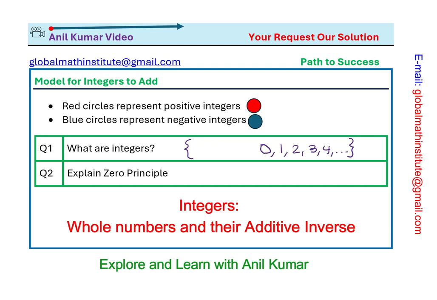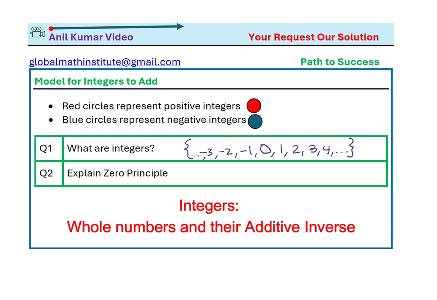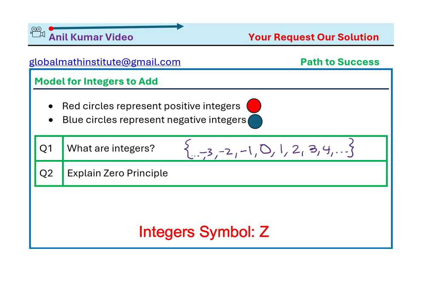Including 0 gave us whole numbers, and now the additive inverse. What you add to these natural numbers to get 0 are the negative numbers: minus 1, minus 2, minus 3, and so on.